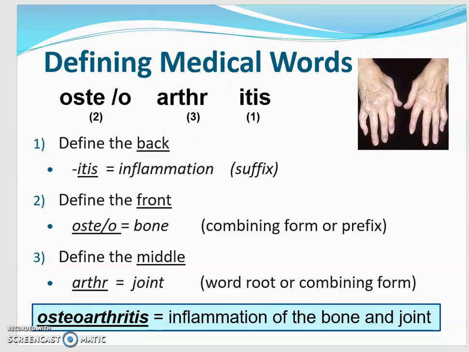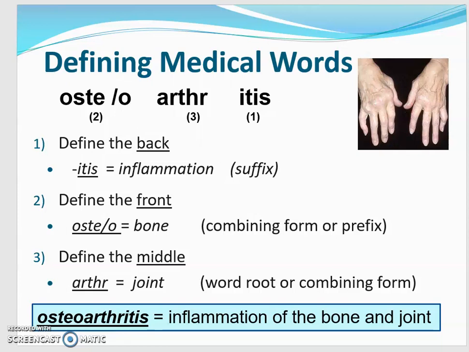And we're combining osteo with arthr. Arthr means joint, and that O is going to stay there because we're putting 2 nouns together. Word building rule number 3. So now we define part number 3, which is in the middle here. And that happens to be, once again, arthr, joint. So if you really literally look at it, at the bottom of the page, you see the actual medical term, osteoarthritis.